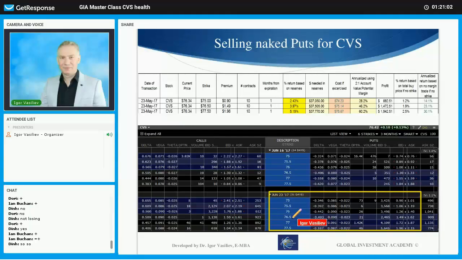So let's again look at 76.50. If I sell a put for 1 month with a strike price of 76.50, I promise that I will buy these shares at this price if that person decides to sell them to me.